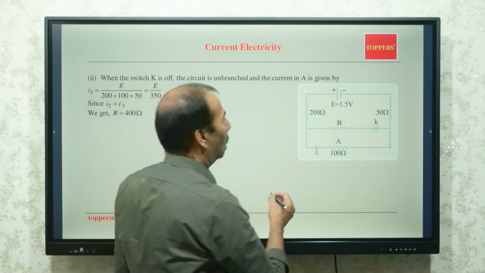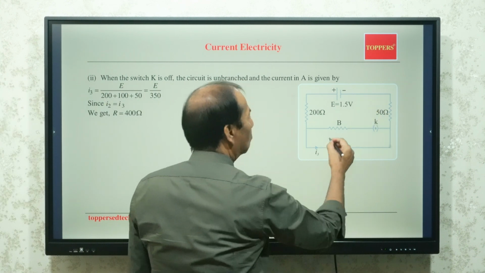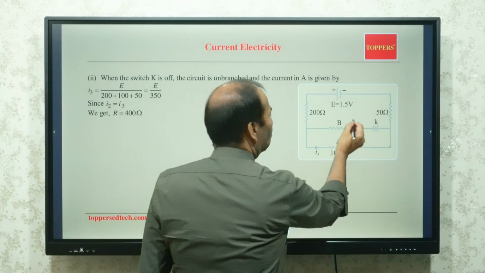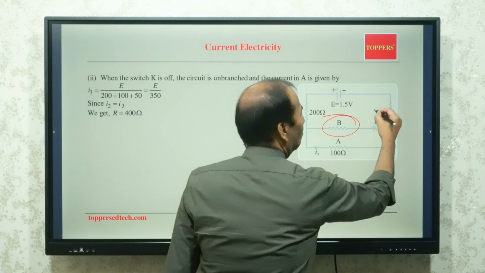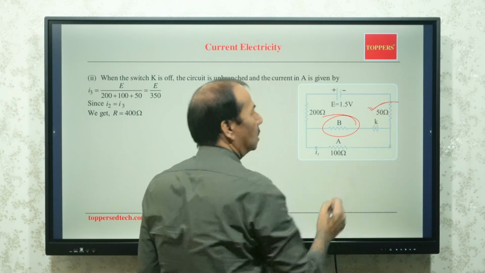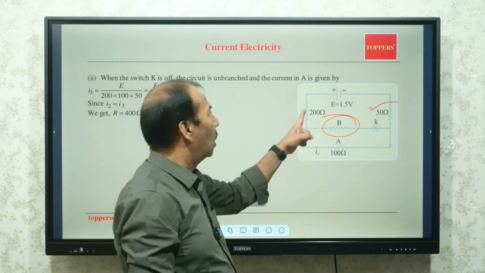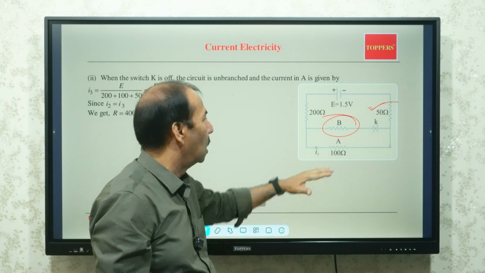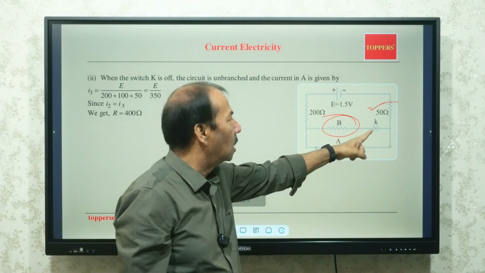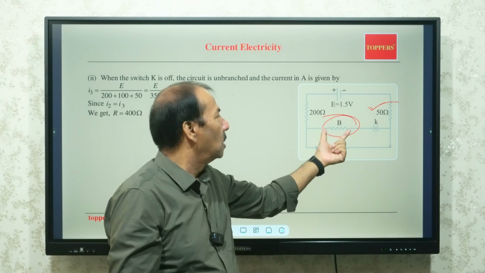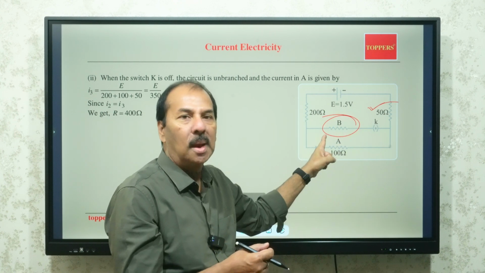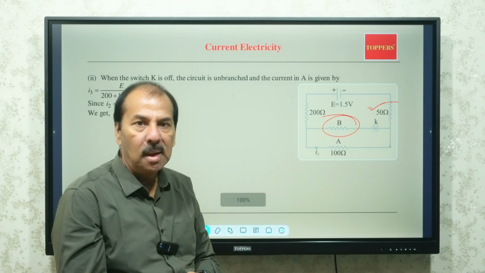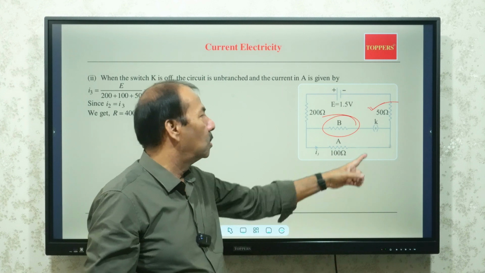The 1.5 volt cell remains the same here. Now B is removed, and the 50 ohm resistance is connected here, because 200 ohm and this have the same nature of connection. Close the key, it will start working. Open the key, it can be disconnected.